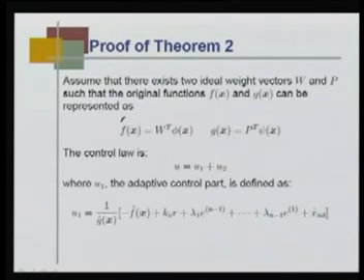When I put this hat, it means I have an update law for w, hence these are all varying terms. That is why this is an adaptive control law, because these controller parameters are adaptive, so as to always ensure the tracking error converges to 0.